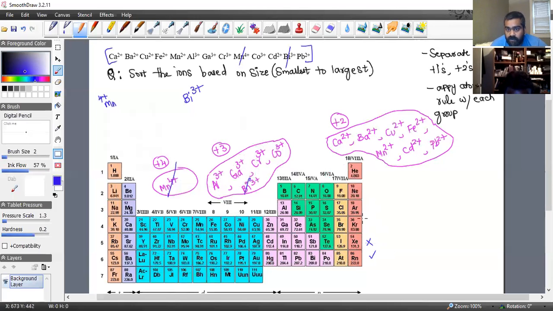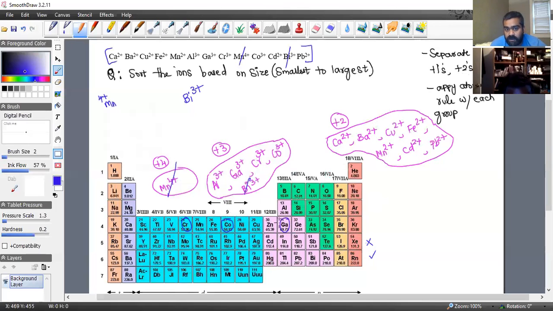Moving on to row 4. Are there any elements in this +3 pile in this row? Yes, there is. There's gallium, there's chromium, and there's cobalt, right? You see, that's why I'm using different colors. Now, apply the same rule. Which one do you think is biggest of the 3 when it doesn't have a charge?